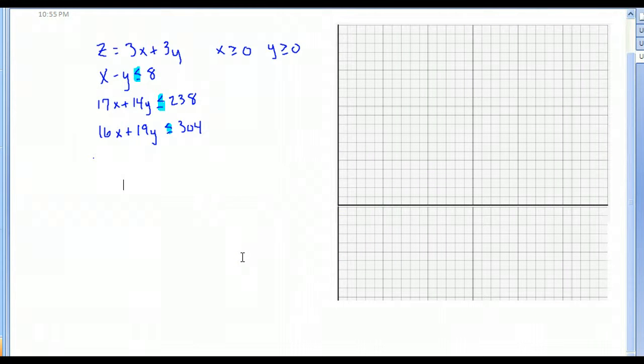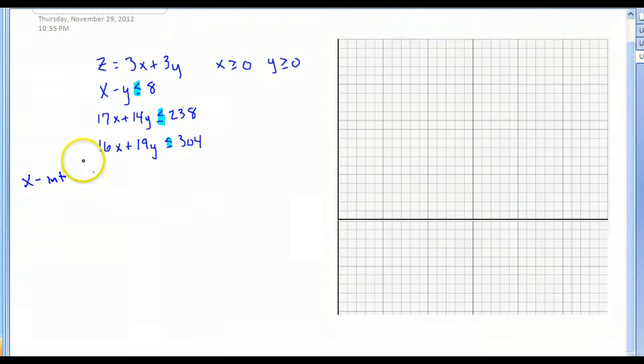Alright, so to be able to do this without a calculator, I mean we're just using your calculator for arithmetic purposes, you need to come up with the X and Y intercepts of these lines. So remember, the way you do an X-intercept is when Y is equal to 0.